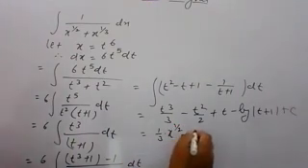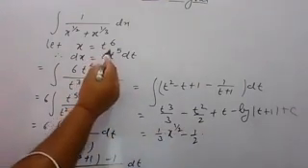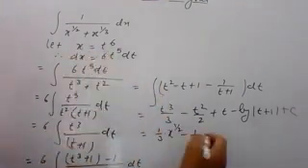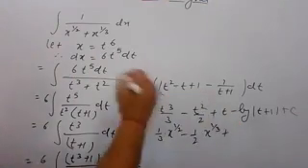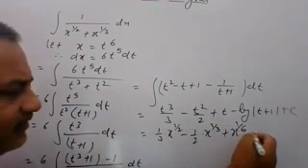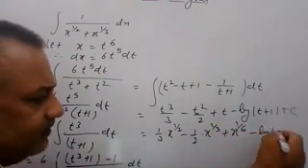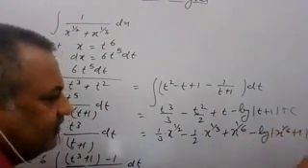In the same way, minus 1 upon 2, here you have t square. It becomes t square when you divide the power by 3, so you can write x to the power 1 upon 3, plus t. The value of t is x to the power 1 upon 6, minus log of x to the power 1 by 6 plus 1, plus c is your answer.